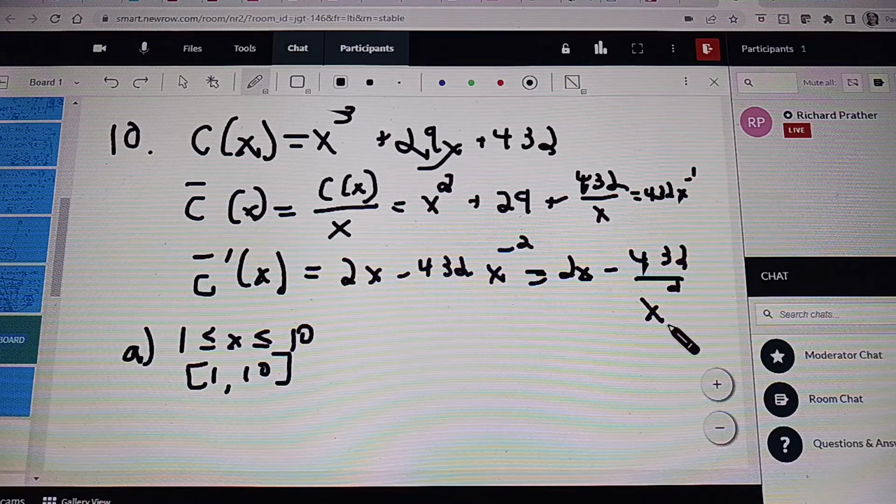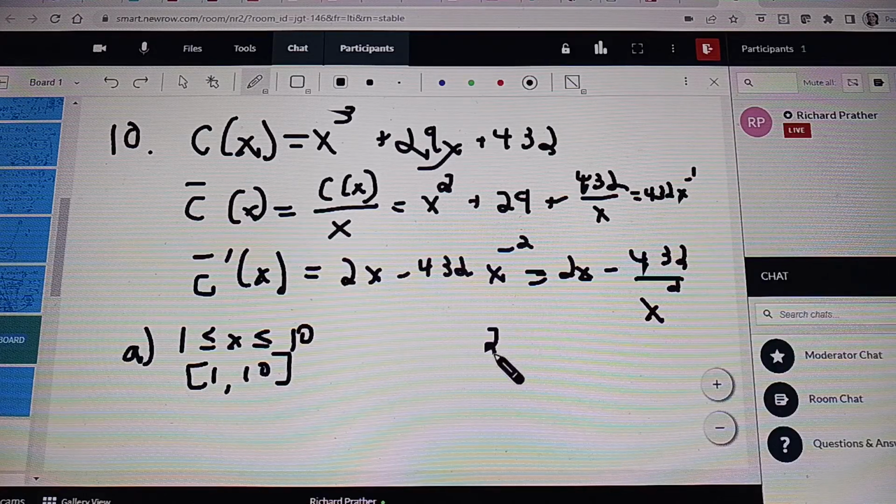And that would make the derivative undefined. And it does make the original undefined too. That won't matter anyway, but 0 is not technically a critical number because it makes both the derivative and the original undefined. But 0 is not in my interval anyway. So that's not a critical number.